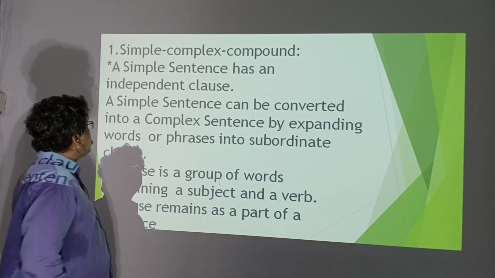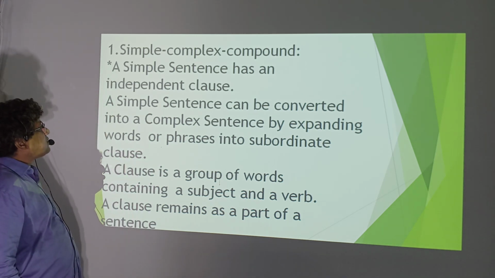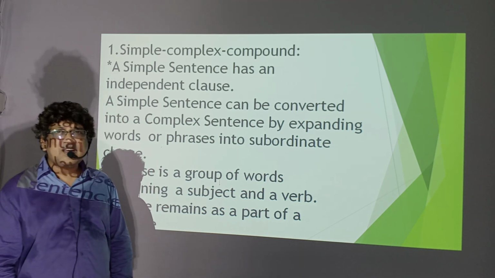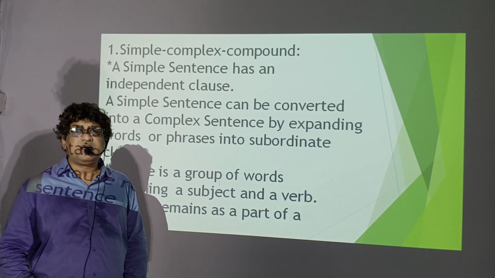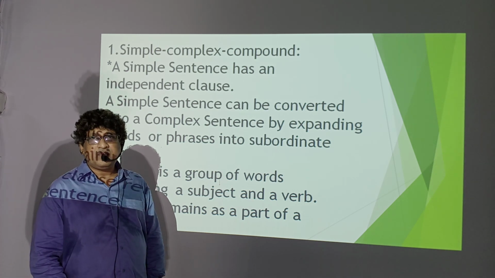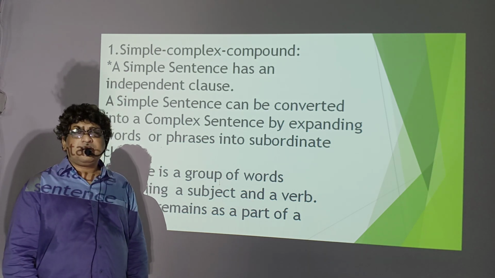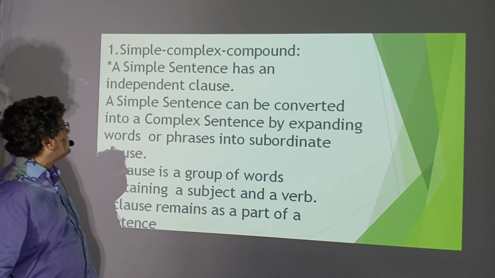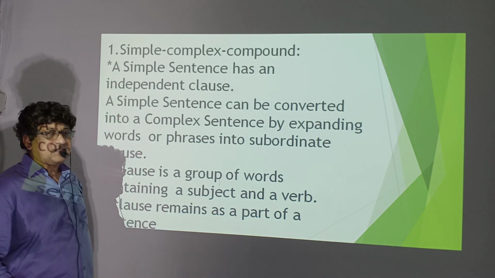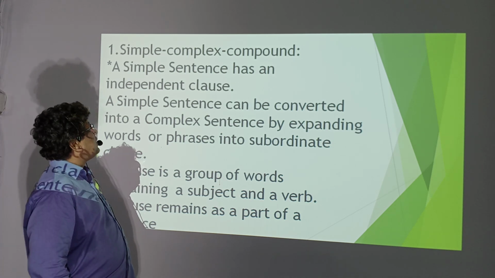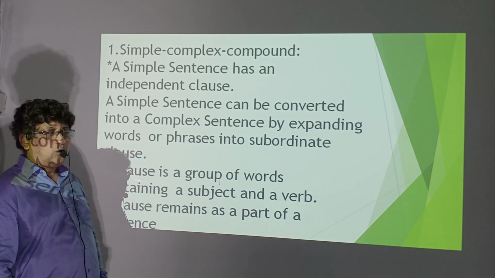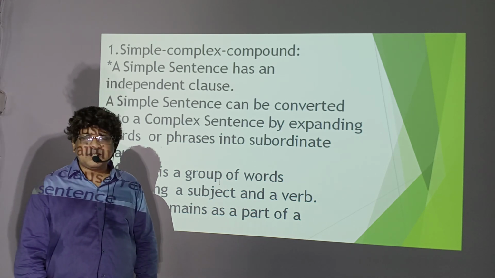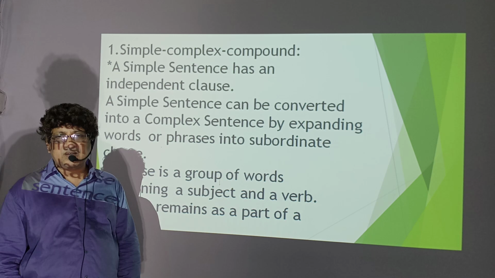Now, coming to the first pattern, simple, complex, and compound, we should have some preliminary idea about the feature of a simple or complex or a compound sentence. First, to start with, a simple sentence. A simple sentence has an independent clause, and with this independent clause, it expresses the idea completely.